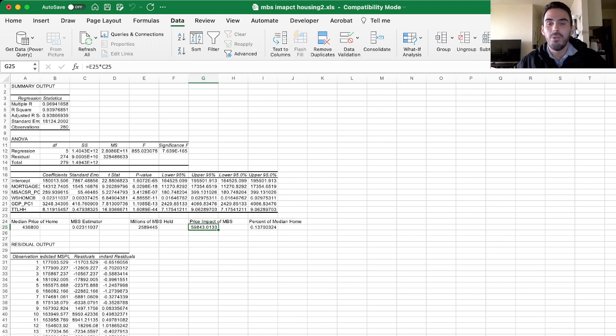So that's about 14% of the value of the home. So homes today would be roughly 14% lower.